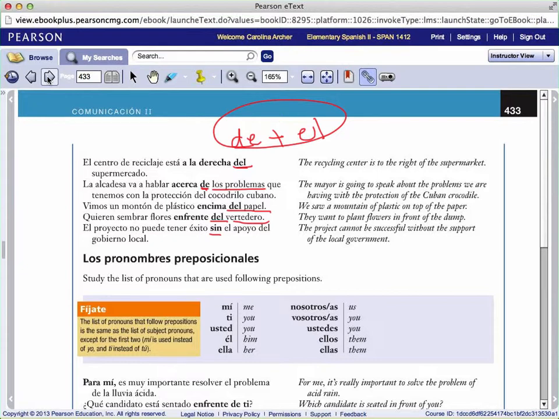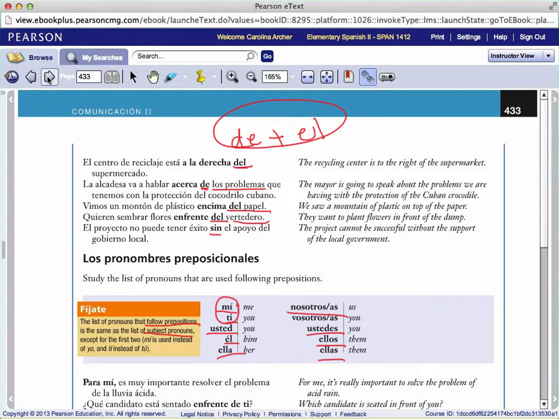So these are the pronouns that follow prepositions. And these are the same as the subject pronouns, except for the first two, mí and ti. So you see the other ones are all the same as the subject pronouns that we use all the time, yo, tú, él, except for the first two.